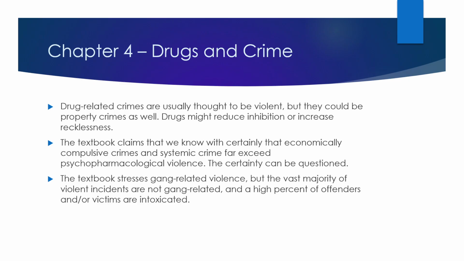Let me make another point to push back and show another side to it. The textbook stresses gang-related violence, which is a lot of the systemic stuff, right? The organized crime, the business crimes that go along with dealing in drugs.